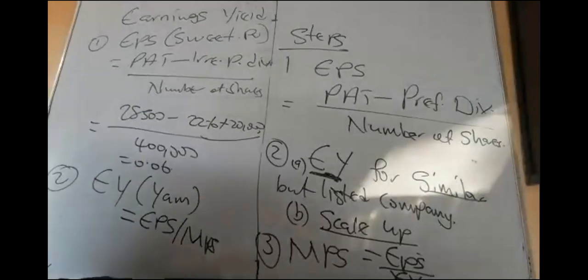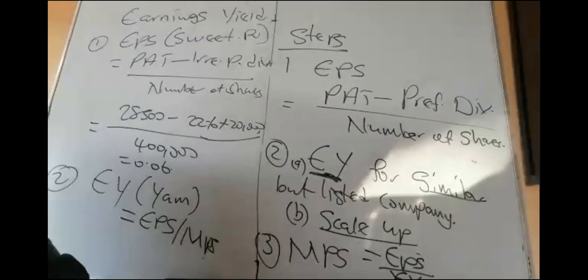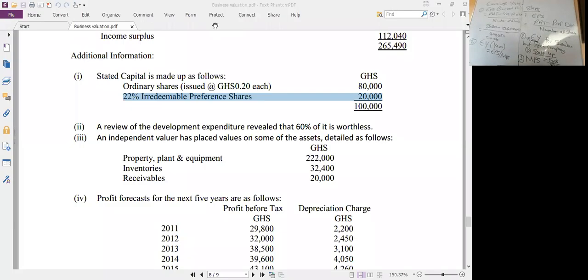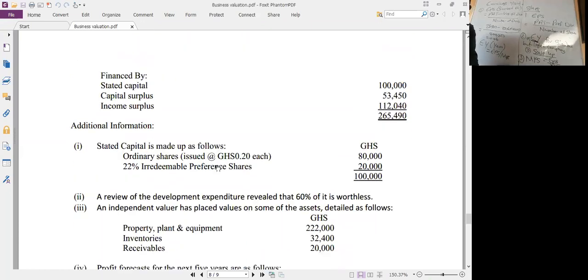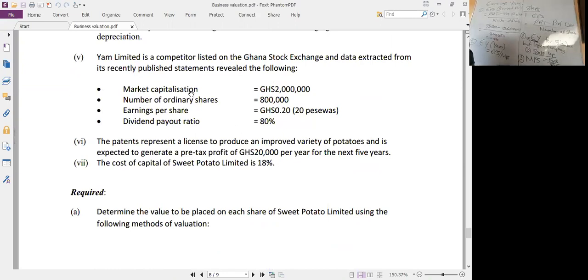Now let's look at the substitution. So let's go and pick the details of YAM Limited. We need to get the earnings per share and the market price of this competitor. They are saying YAM Limited is a competitor listed on the Ghana Stock Exchange. Extract is below. Market capitalization is 2 million.